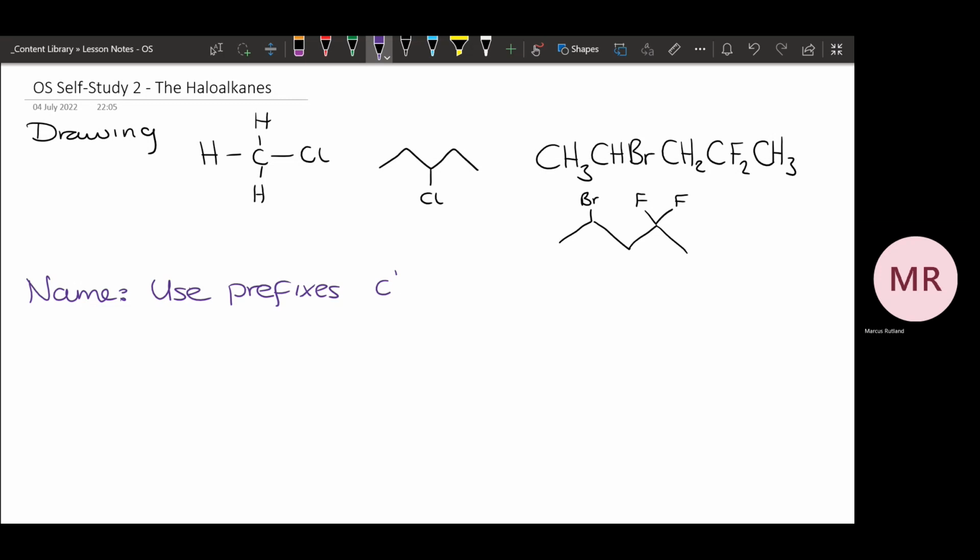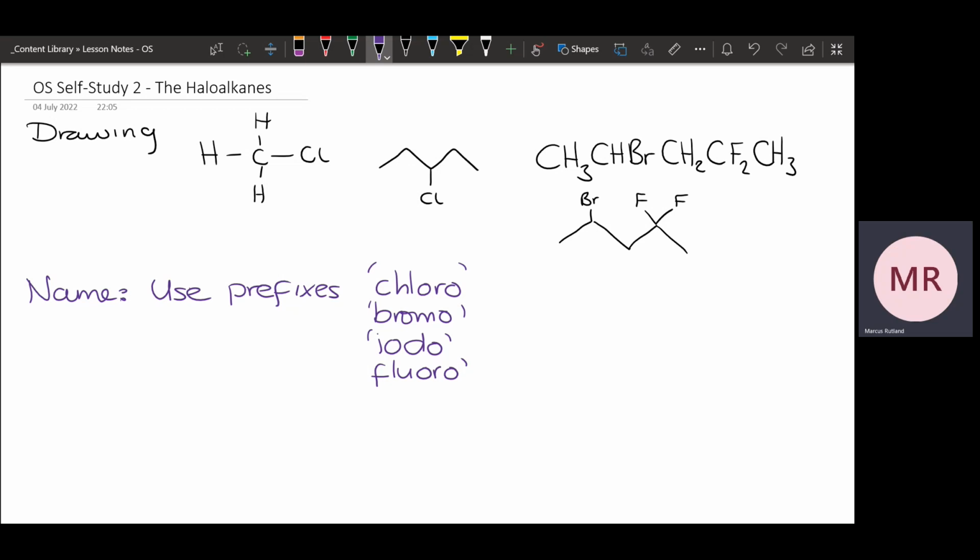Chloro, bromo, iodo, great name, fluoro. No, that's F-L-U-O-R-O, not F-L-O-U-R-O. A lot of people write fluoro F-L-O-U-R-O, but it's fluoro, like fluorine.